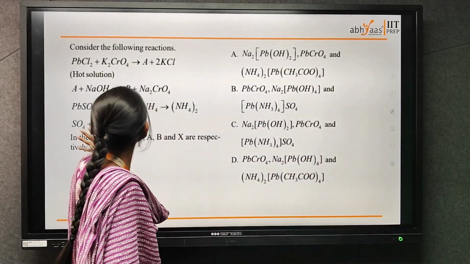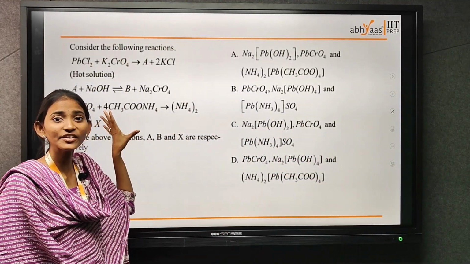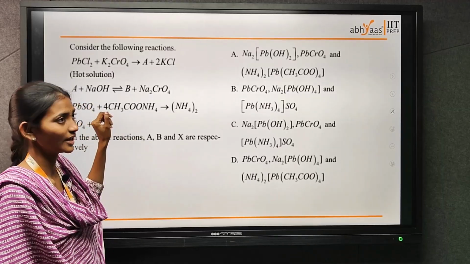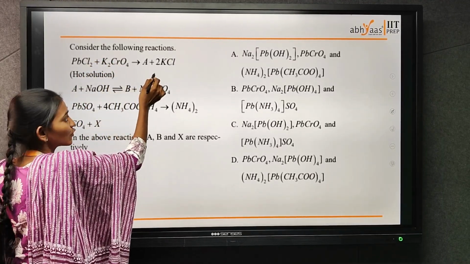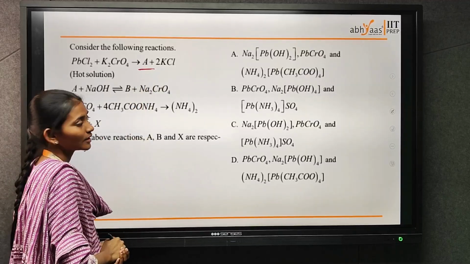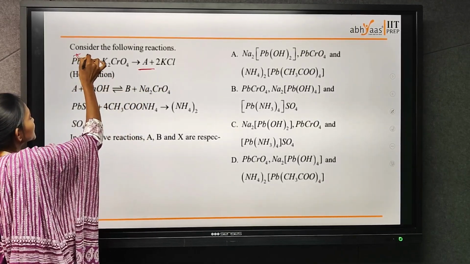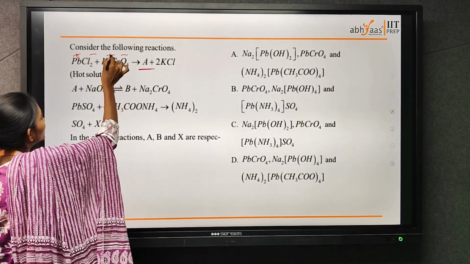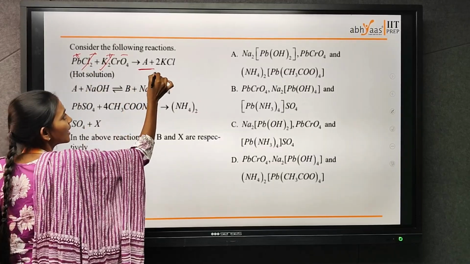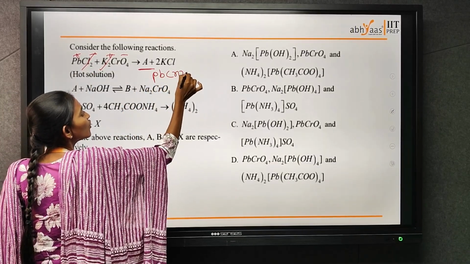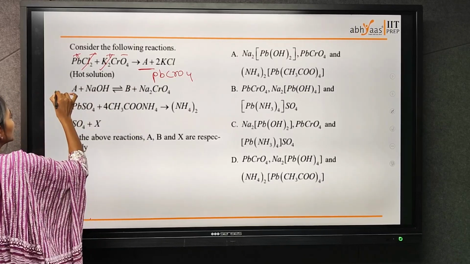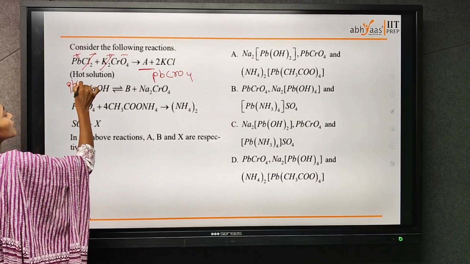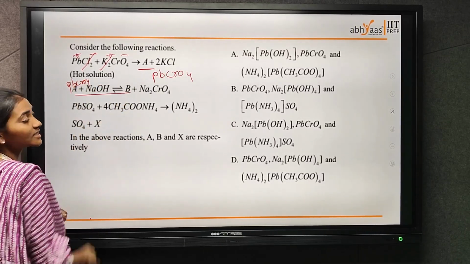And moving on to the next question, consider the following reaction. They have given the reaction, but we need to identify. Here you see lead chloride upon K2CrO4, what is your A product? You know that, see, plus minus. So what are you getting? PbCrO4, right? And with this A, PbCrO4, what are you getting here itself?